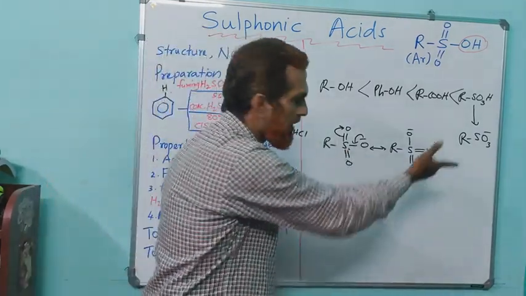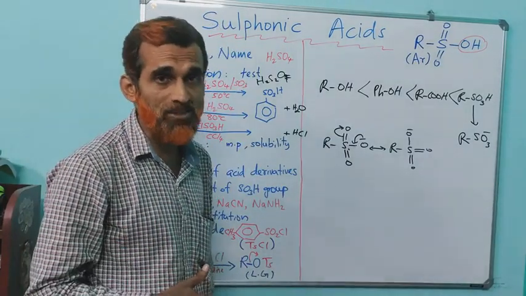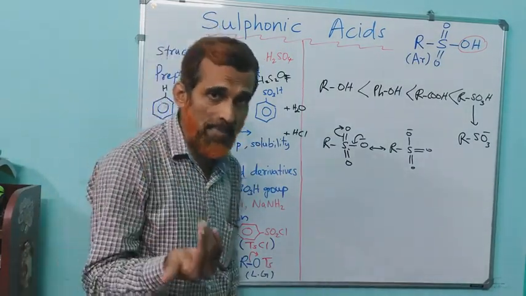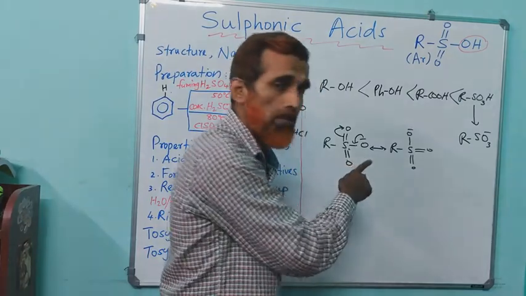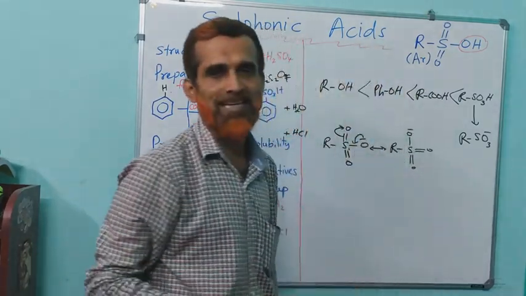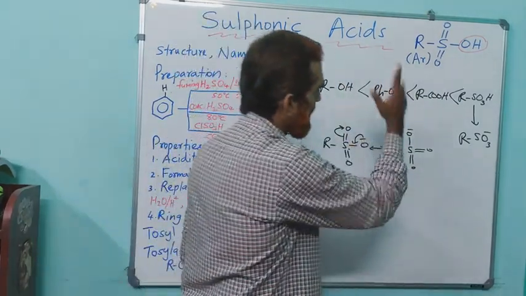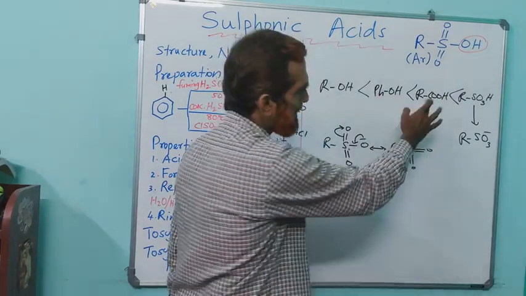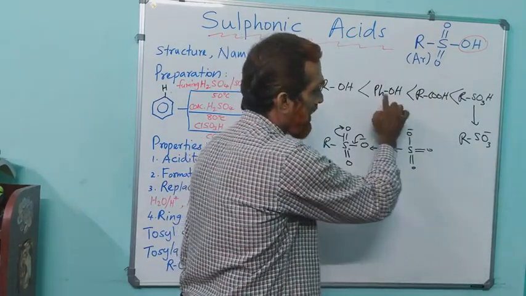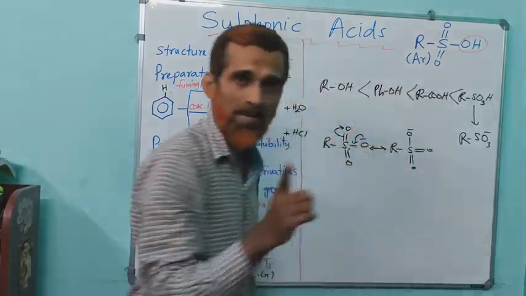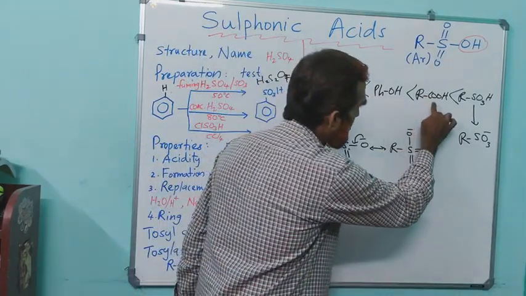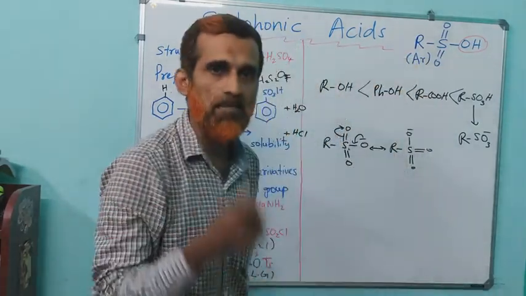So this is greatly resonance stabilized, and resonance stabilization is found to be more than that in carboxylic acid. See, we already learned that carboxylic acid is more acidic than phenol. In both cases there is resonance stabilization, but resonance stabilization is more in carboxylic acid. Why?